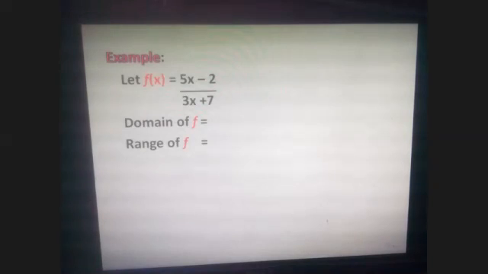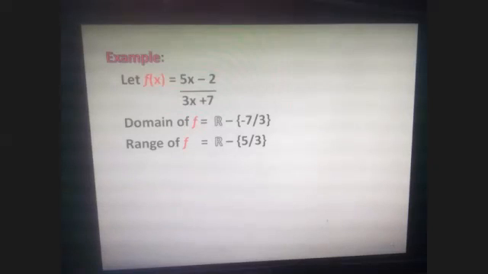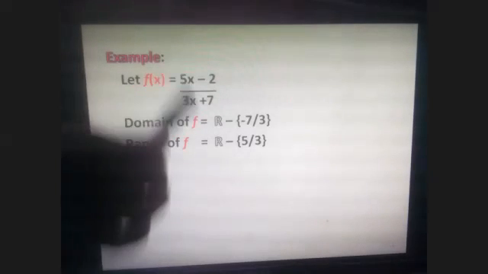So x cannot be equal to minus 7 by 3. Are you not getting? Denominator should not be 0. And the range is R minus {5 by 3}.